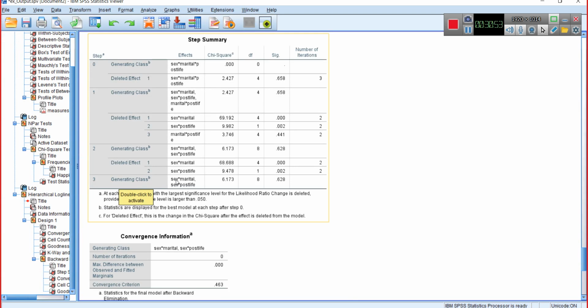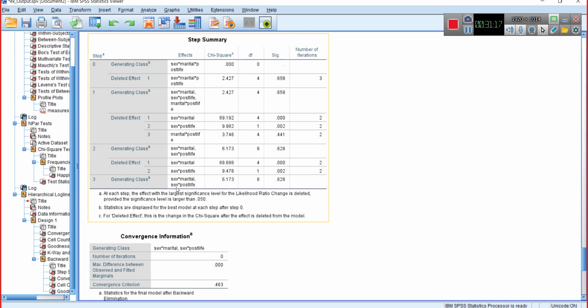The relationship between sex and marital status shows that being female or male is related to being married or being single. And also sex and belief in life after death.